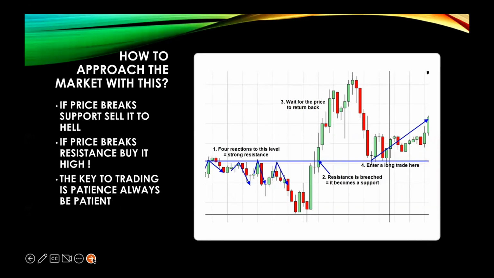The key to trading is always patience, right? So right here, it's a very good example for you guys to look at. The more touches you have to a support or resistance zone, the more important it is. And that's how you're going to identify the important major key levels of the pairs that you may begin to trade. So this is really important to know.